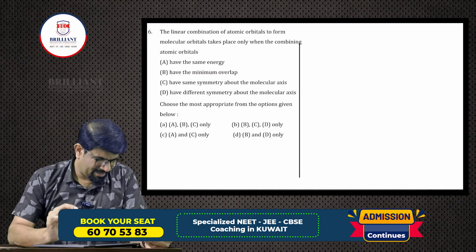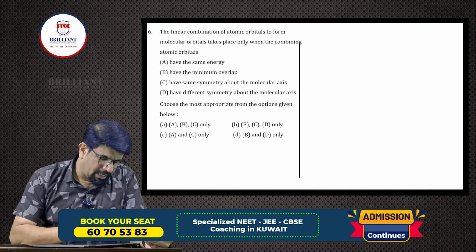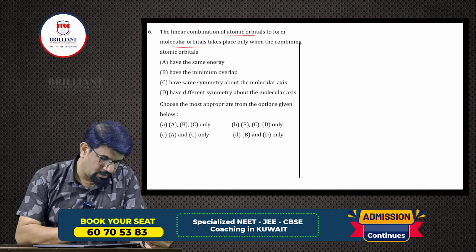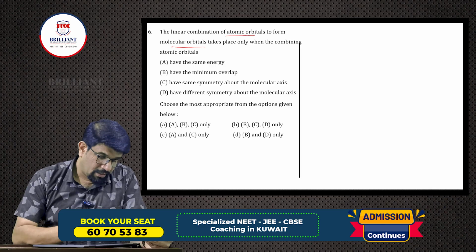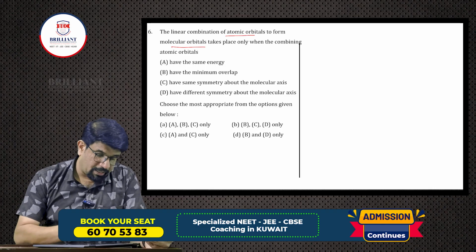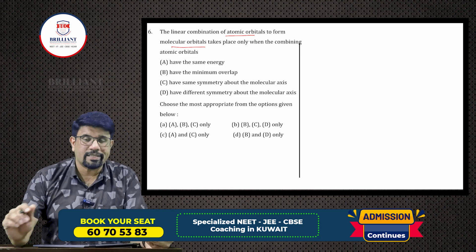Next question. The linear combination of atomic orbitals to form molecular orbitals. This is a question on diatomic molecules, how they will combine, right? It takes place only when the combining atomic orbitals. They are given 4 statements.